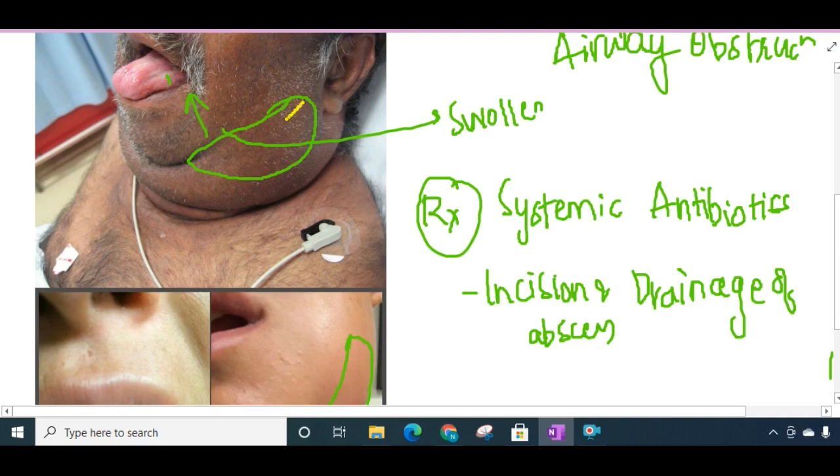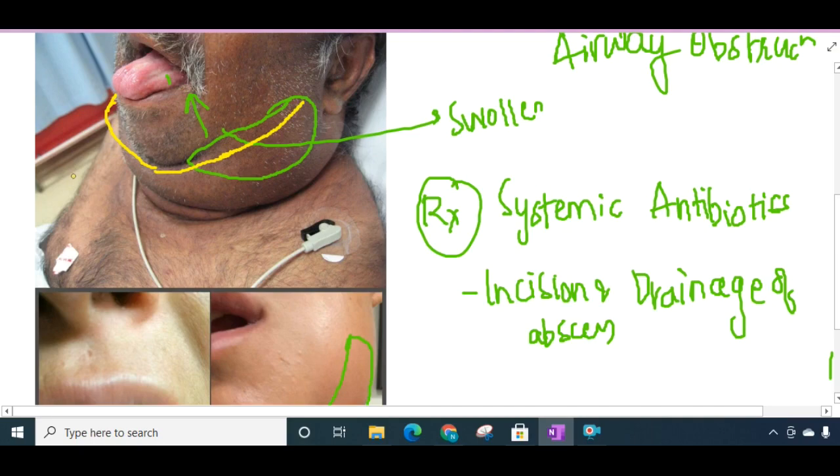So you will give a transverse incision which is extending from one angle of the mandible to the other. Here on this side you will have the other angle of the mandible, so you give a transverse incision extending from one angle of the mandible to the other, and you will open it and you will drain the abscess.